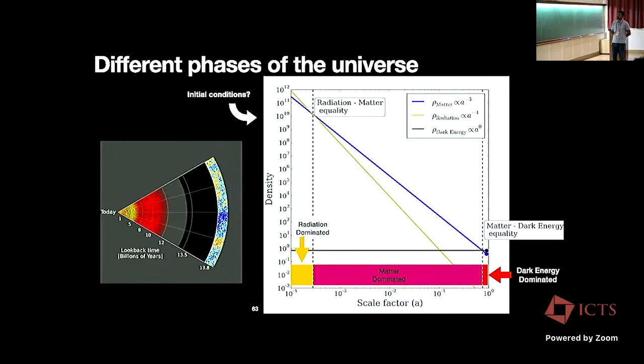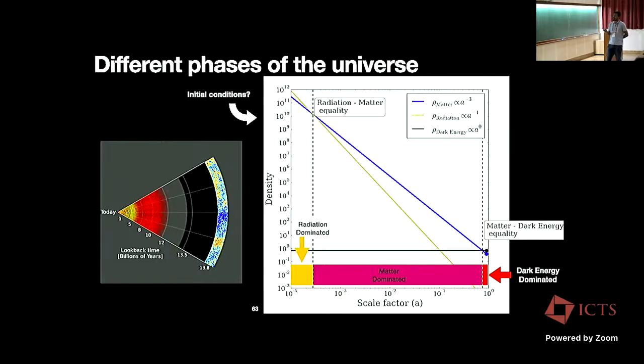For example, matter is going to scale as a to the minus 3 because the equation of state w of matter is 0. So essentially it scales with volume, whereas radiation will have a to the minus 4 because radiation also gets redshifted on top of the growth with the volume.